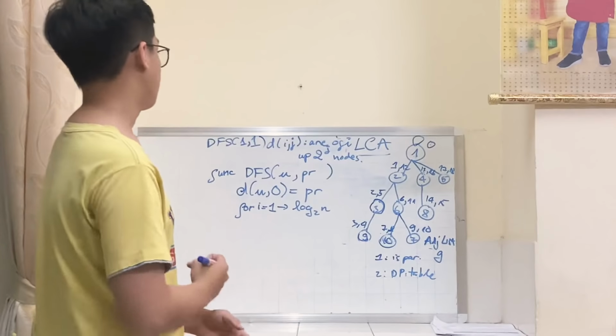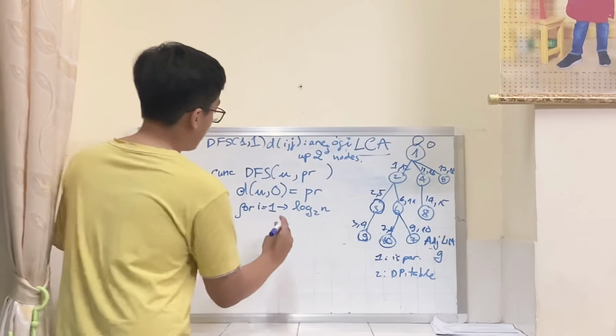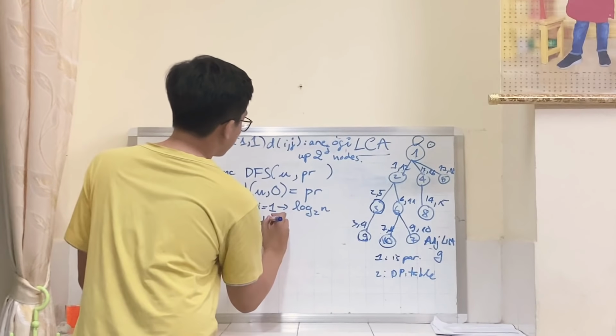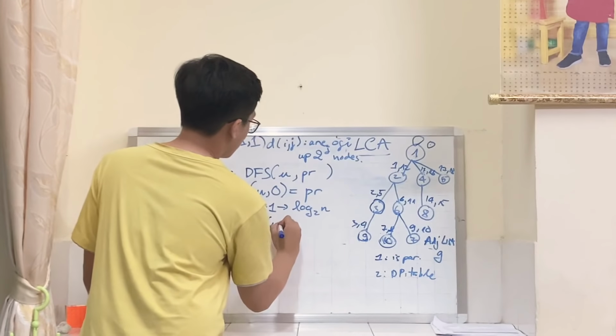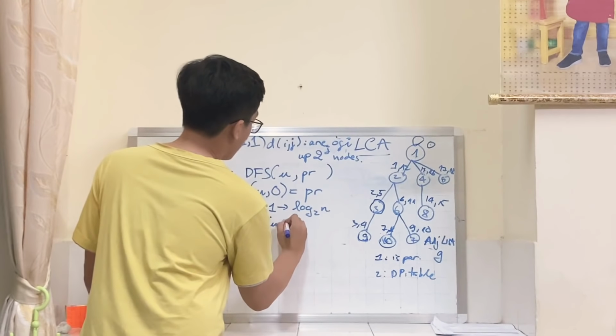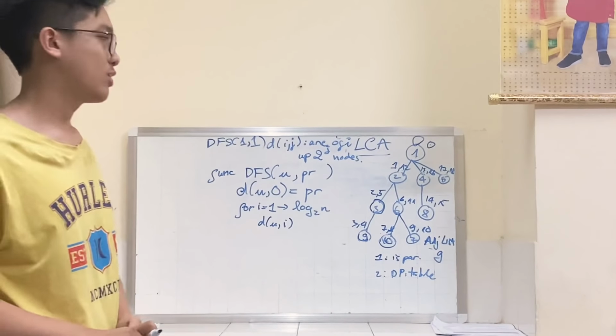So log 2n. Next, it will be d[u][i], a for loop. What is d[u][i] equal to?